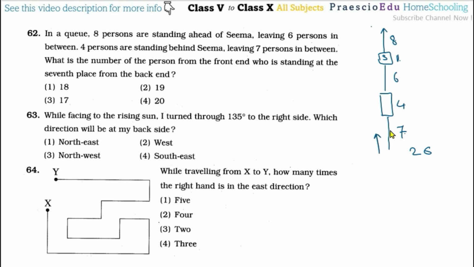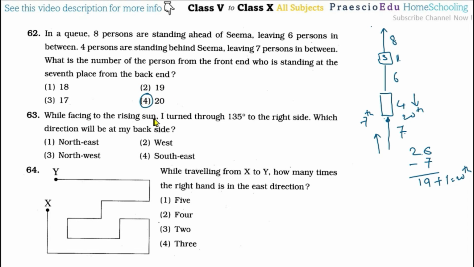So 26 is the total. 26 minus 7, that is 19, and plus 1, so that is 20. So that number is the 20th. So the 20th is given in option number 4.